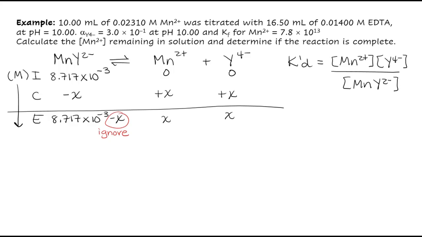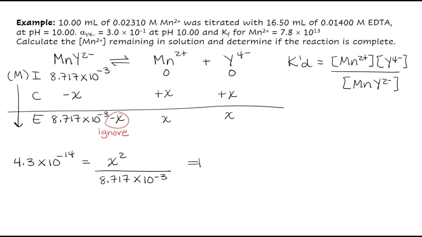So we'll plug in our values. Our K'D that we just calculated is 4.3 times 10 to the negative 14 equals X times X, or X squared, divided by 8.717 times 10 to the negative 3.